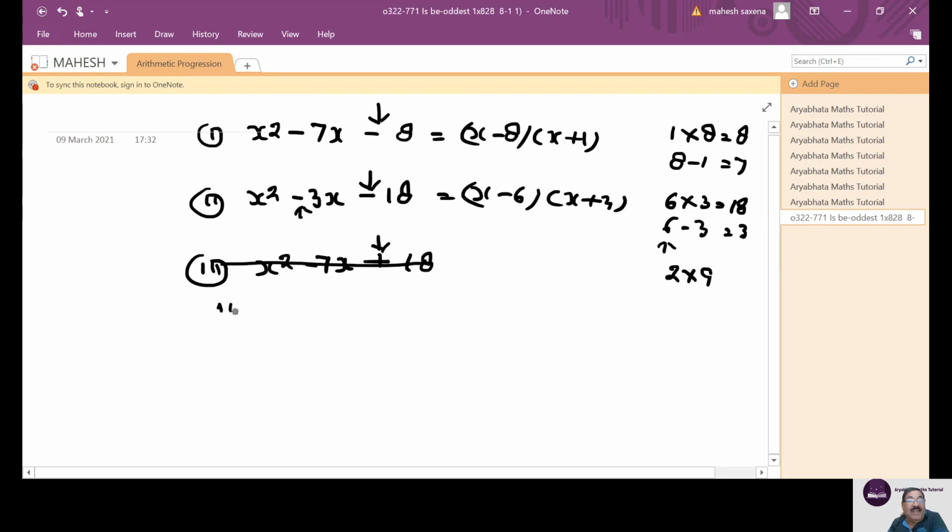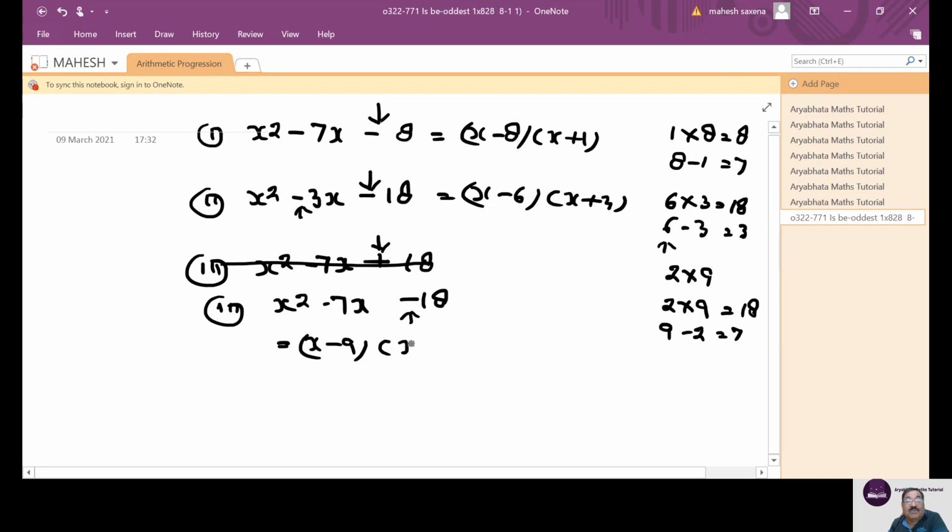Take the third example as x square minus 7x minus 18. Since this term is negative, here 2 into 9 is equal to 18, and 9 minus 2 is equal to 7. Therefore, the factors of this are x minus 9, x plus 2.